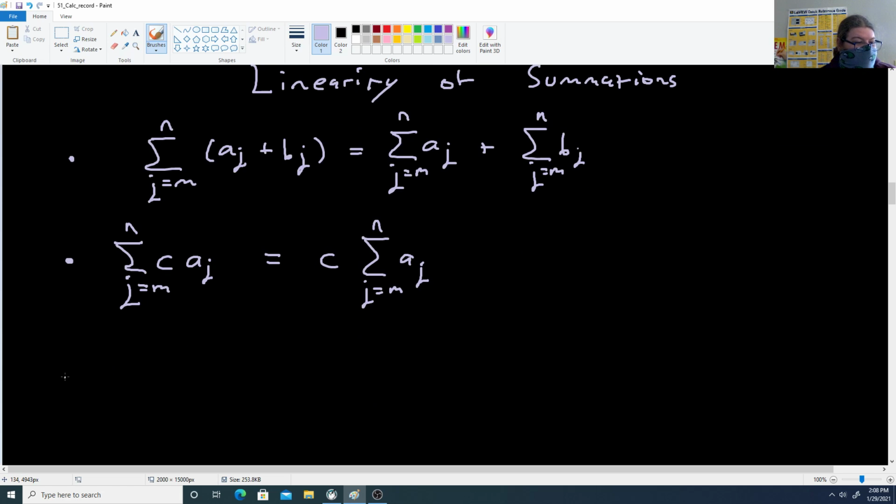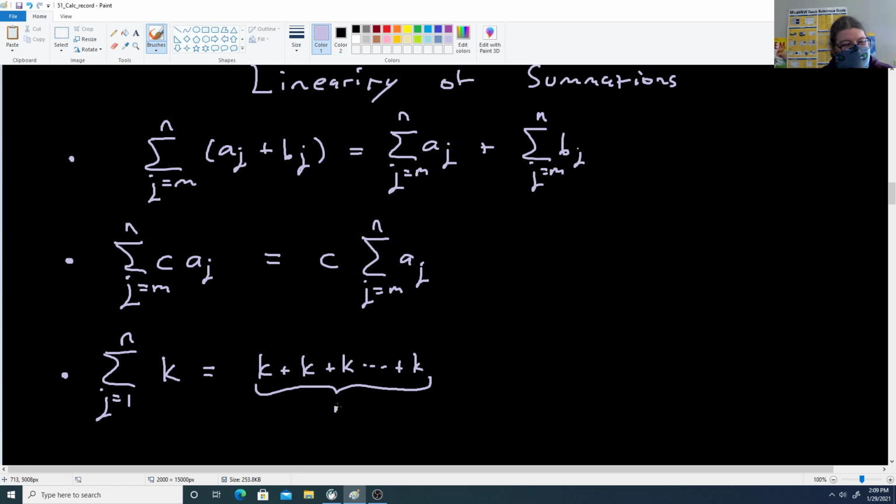The final thing is if you have j equals 1 for this one, so we're starting at 1 instead of m. If you have the sum from 1 up to n of k, this will equal k, so forth and so on, till you add it to itself n times.